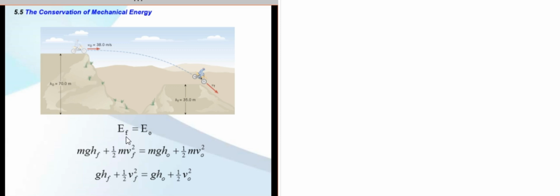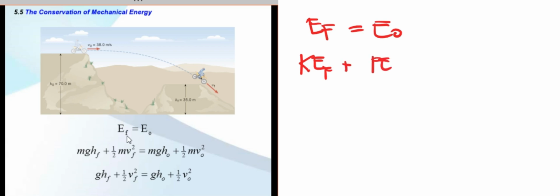Energy final is the sum of kinetic energy final plus potential energy final, which is equal to kinetic energy initial plus potential energy initial.